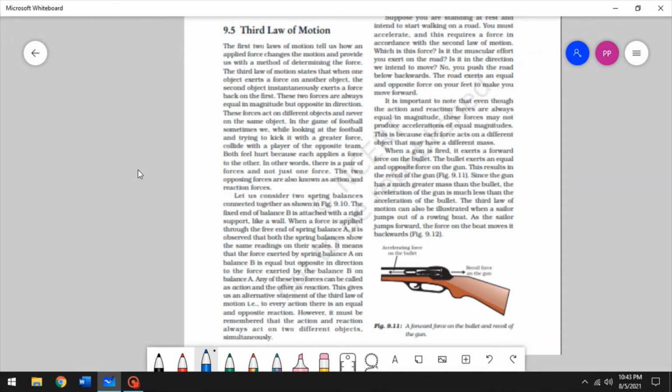And what are such forces called? If you say balanced forces, great job. These forces act on different objects, and they never act on the same object. So if I'm pressing a pen or a table down, the table will also offer a resistance in terms of physics.